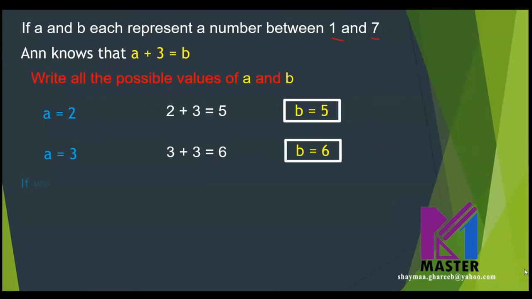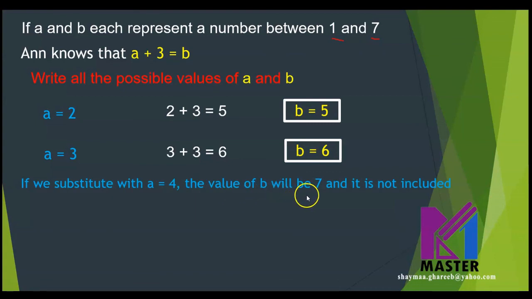Now, if A equals 4, then the value of B will be 7. And it's not included in the given values because here we said between without saying inclusive. Okay, so they are excluded from our values.